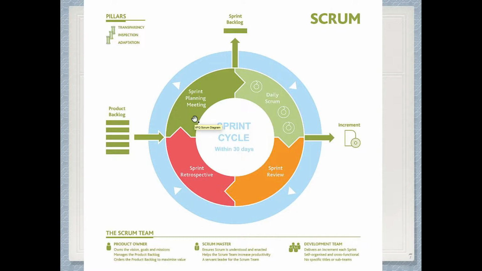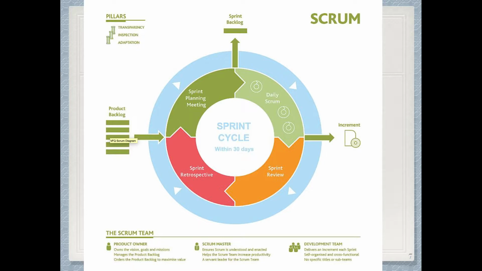Initially, every sprint we have a sprint planning meeting. We look at the product backlog and see which wish list items are not done. So we look at the priority, and we see which one has high priority from the user's perspective.